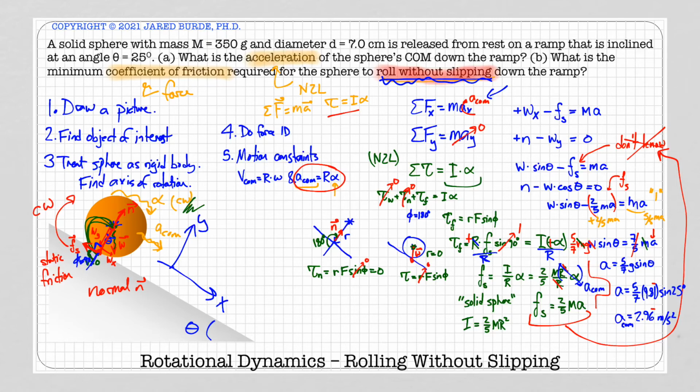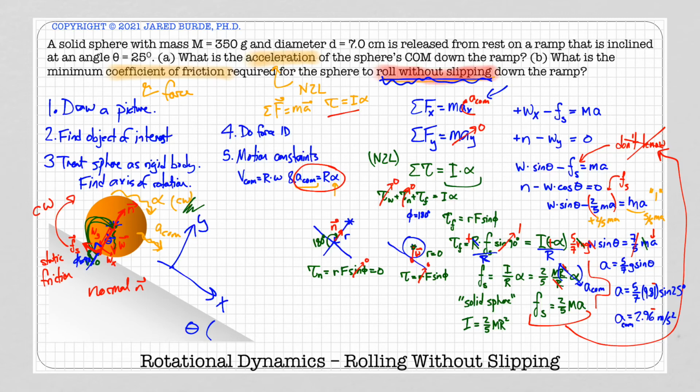The other thing that we didn't account for is the force of friction. We eliminated force of friction, so we never actually needed to know it. But depending on what material the sphere is made out of, and also depending on the angle of incline, it would be easy to imagine this object skidding down the ramp and not actually rolling without slipping.